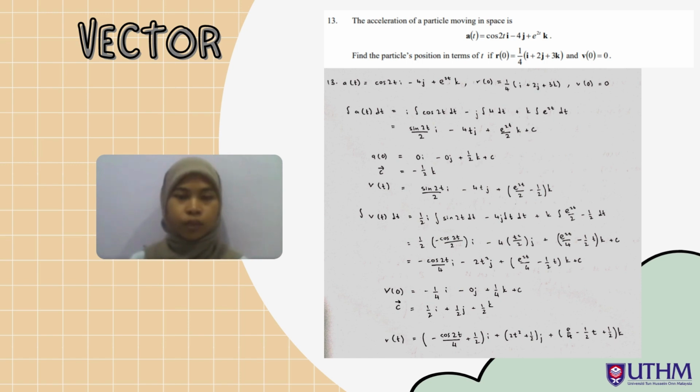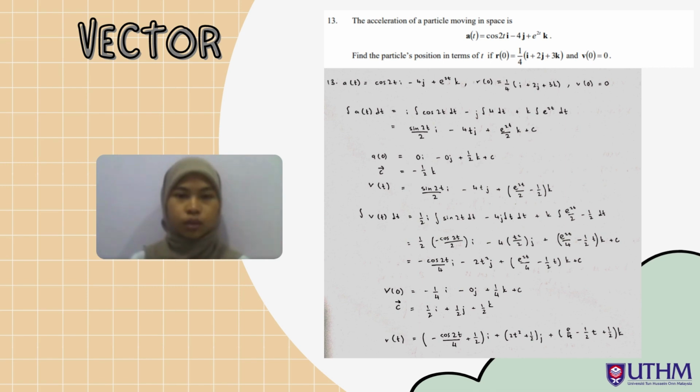And then sub in 0 into the equation, we get negative 1 over 2, 1 over 4 i plus 1 over 4 k plus c. And then we have here the r0, 1 over 4 i plus 2j plus 3 over 4 k, equals 1 over 4 i plus 1 over 4 k. We can get c is equal to 1 over 2 i plus 1 over 2 j plus 1 over 2 k.